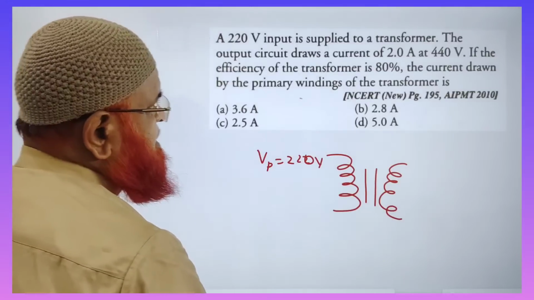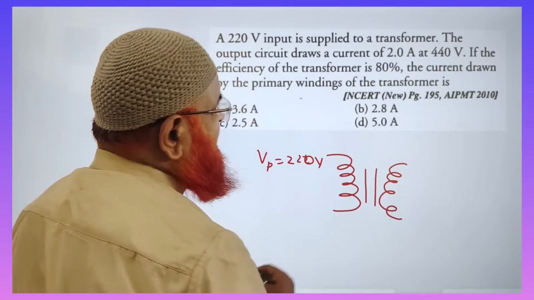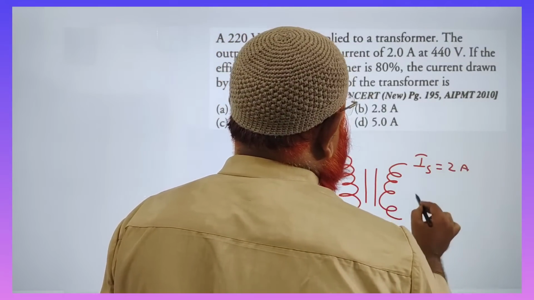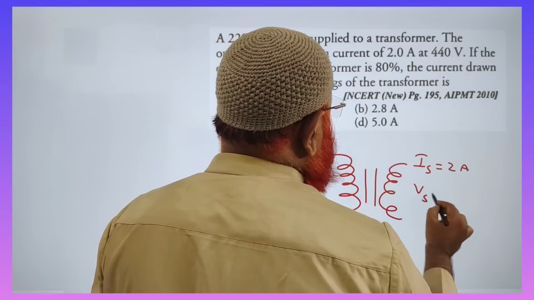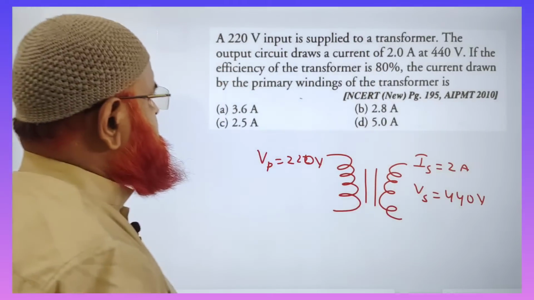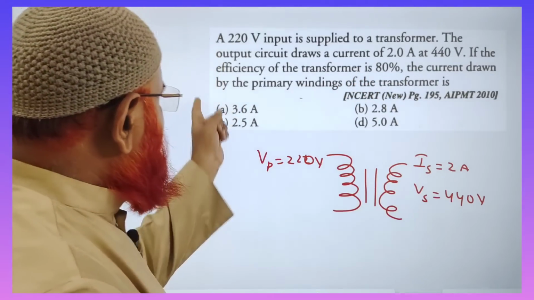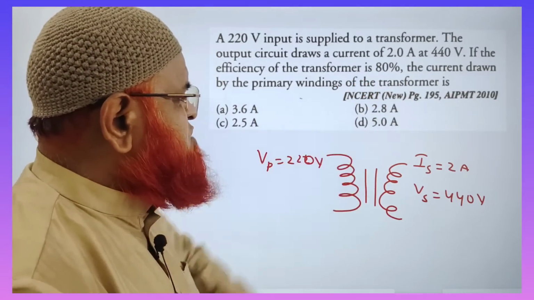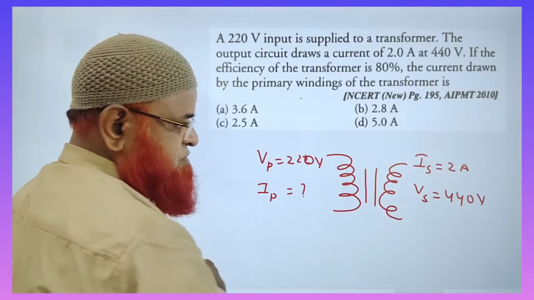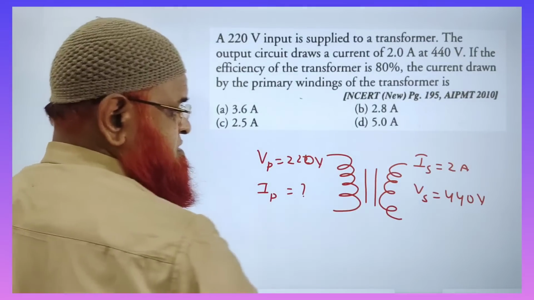Okay, the output circuit draws a current of 2 amperes, output means secondary, at 440 volts, means voltage at the secondary is 440 volts. The efficiency of the transformer is 80%. The current drawn in the primary windings of the transformer is how much? Very simple.